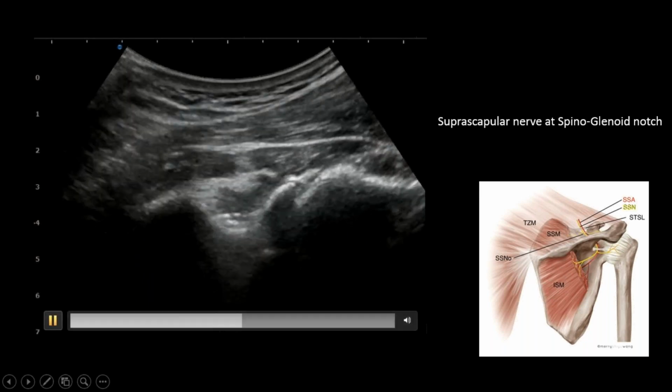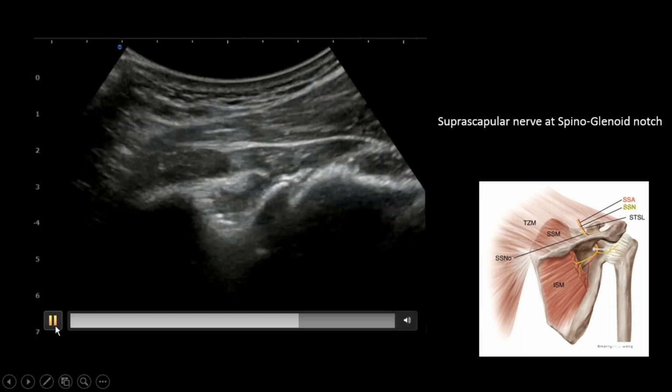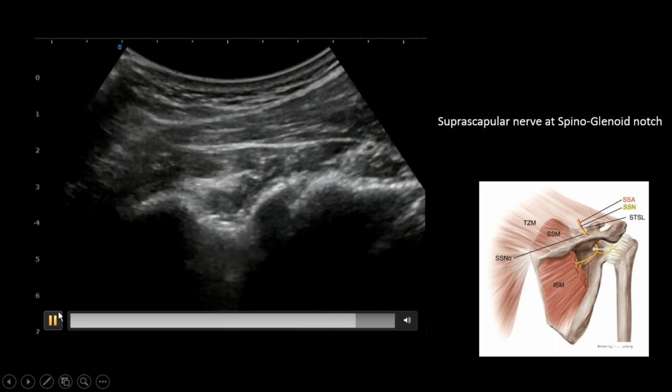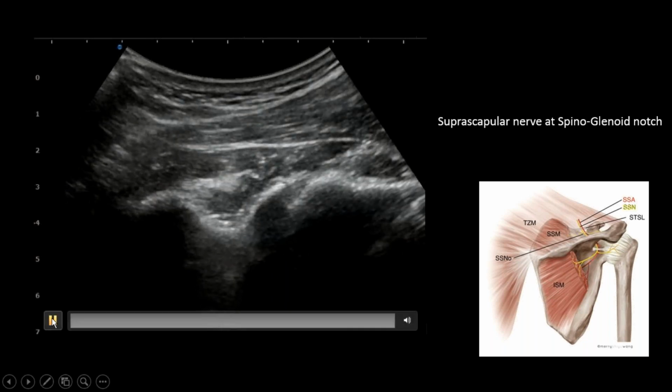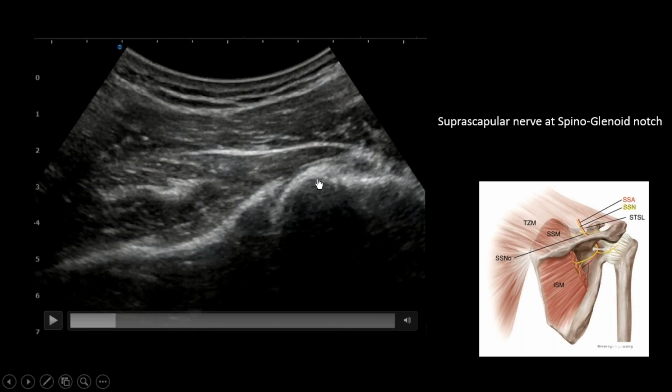Okay, so we are on the posterior glenohumeral joint. Okay, so this is glenoid, this is labrum, that's head of humerus, and overlying muscle here is infraspinatus.